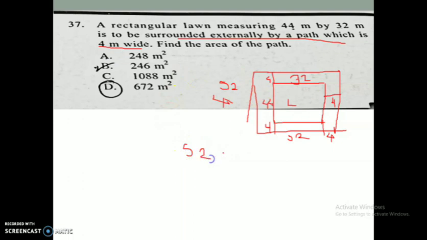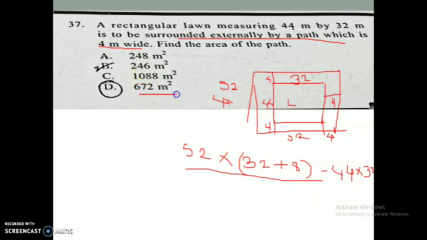Now we can calculate the area of the outside rectangle, 52 by 40. This gives the area of the outer rectangle. Now calculate the area of the lawn, 44 by 32, and subtract this from the previous area. This gives the answer required for the area of the path, and this comes out to be 672 meters square. So this is the correct answer, option D.